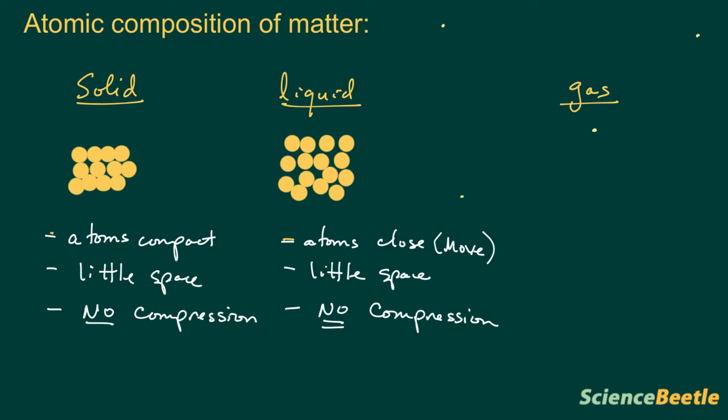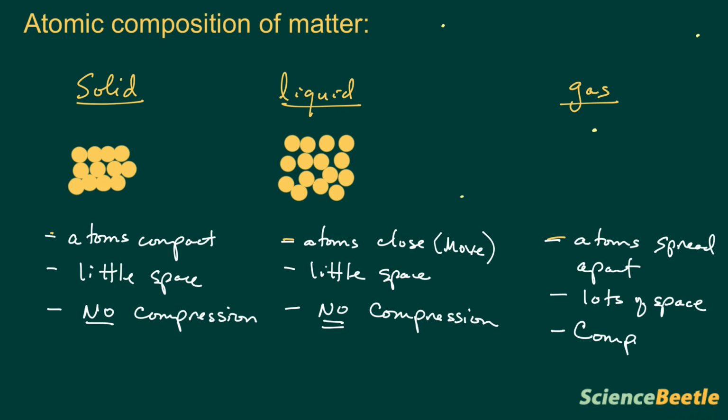So there's going to be a lot of space here, okay? The atoms in a gas are going to be very spread apart. In other words, there is lots of space that you observe in a gas. Because there is a lot of space, it follows that compression is possible for the gas. And this is different from the solid and the liquid, in which there was no compression.